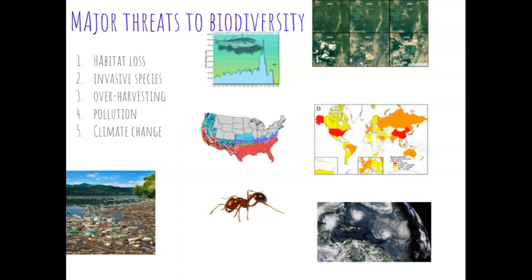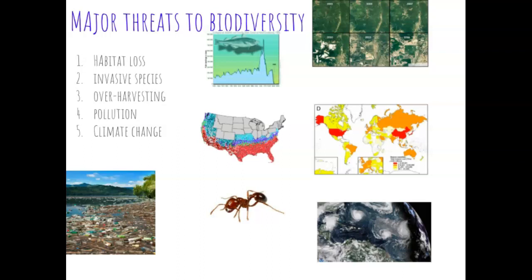Overharvesting is a concern when we're talking about fish, trees. It can be a concern for just about anything that humans use for their own purposes and their own consumption. Fish in particular is a concern because when you go fishing, what do you want? To get the biggest fish possible, obviously. The problem with that is that a lot of fish species don't start reproducing until they reach a certain size.